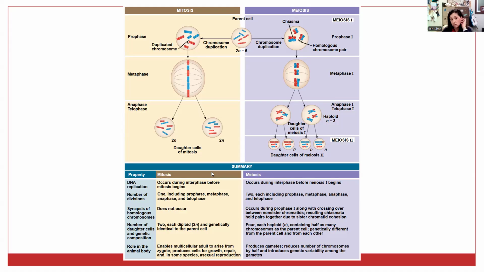In meiosis, you've got homologs separating first, and then sisters separate after that very long prophase 1 with the crossing over occurring. There are also some descriptors down there in the summary, so please look at that, and that might help you distinguish some things. I will ask you questions about how to distinguish between mitosis and meiosis, other than the spelling.